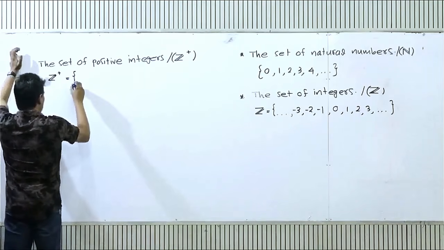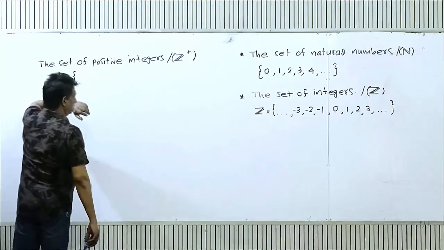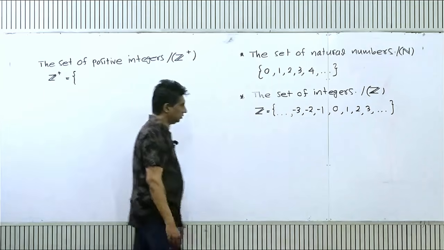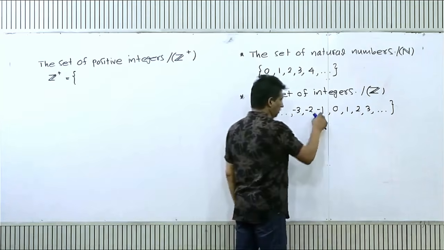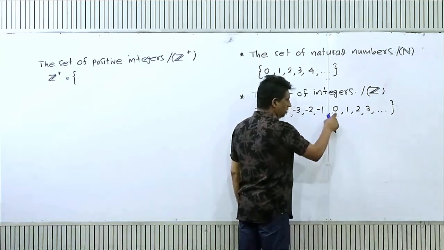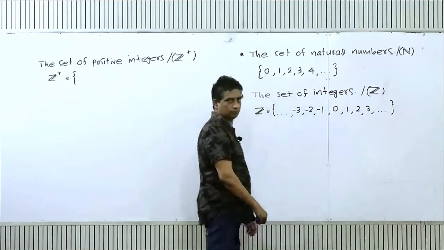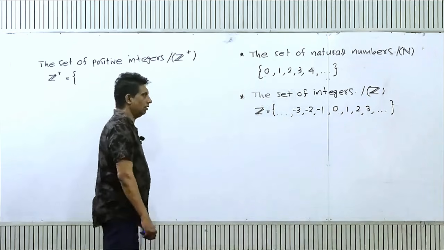Then, if we write this subset, positive integers, these are not positive, no. This is also not positive. Why? 0 doesn't have any sign, no. 0 is not positive, 0 is not negative, right?